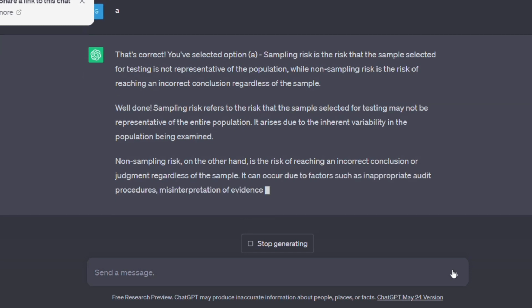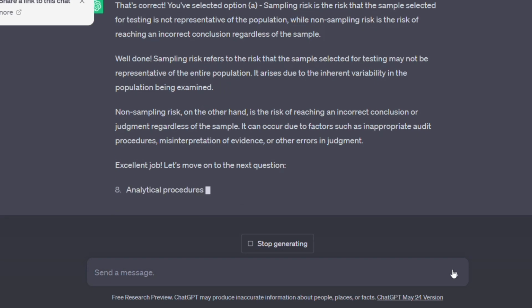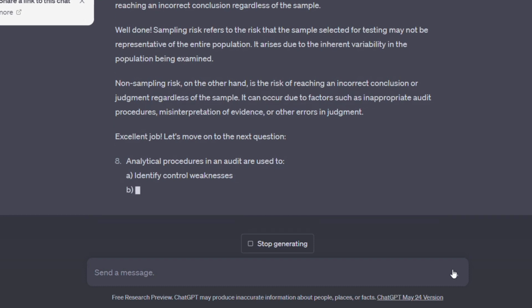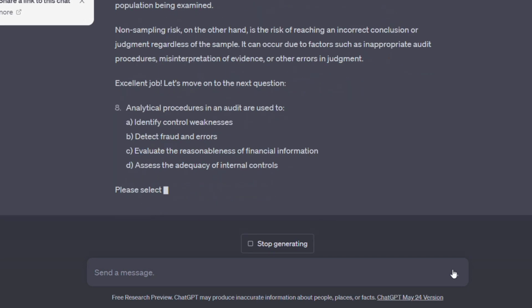Can you go to the next question? Analytical procedures in audit are used to identify control weaknesses. Nope. Detect fraud and errors. Evaluate the reasonableness of financial information.